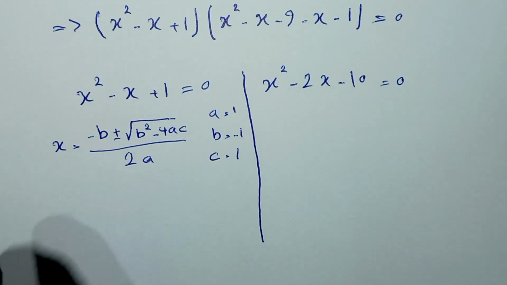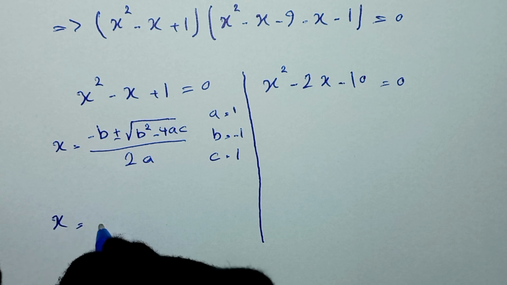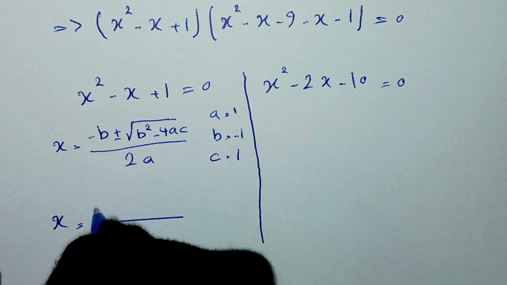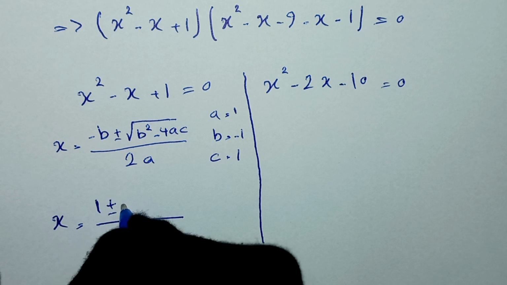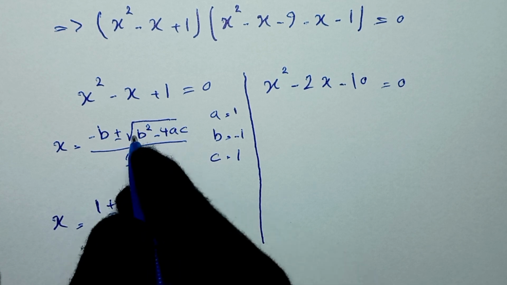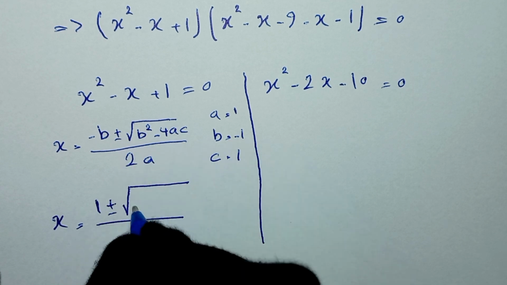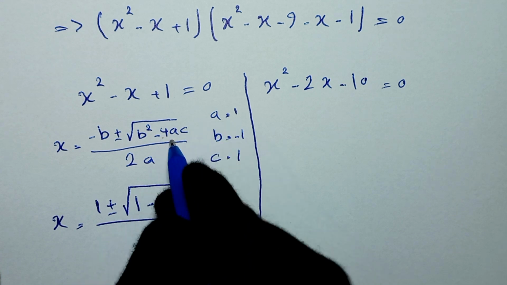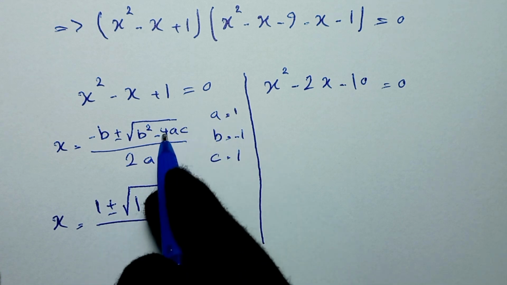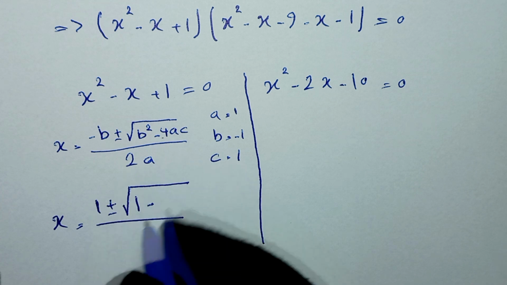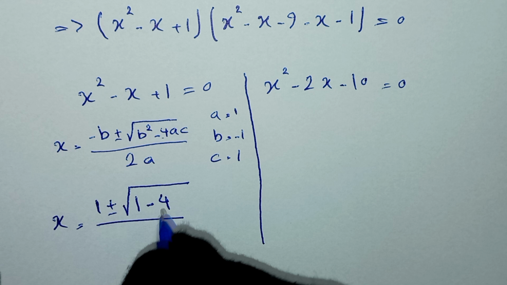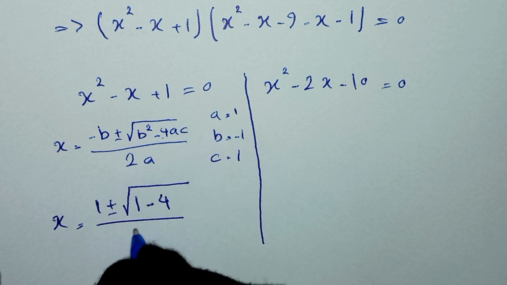So x is equal to negative b, negative 1 is positive 1, plus or minus the square root of b squared, negative 1 squared is 1, minus 4 times 1 times 1, which is 4, so it will be 1 minus 4, over 2 times a. A is 1, so over 2.